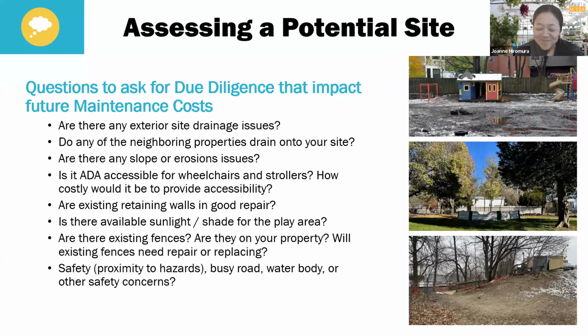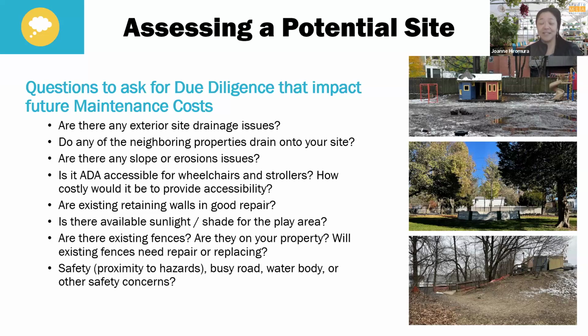Okay. So when you're assessing a new location, you want to look at the existing conditions of your site outside of the building. It's not even just for a potential site, but for your existing site as well. So you want to look if there are any exterior site drainage issues.